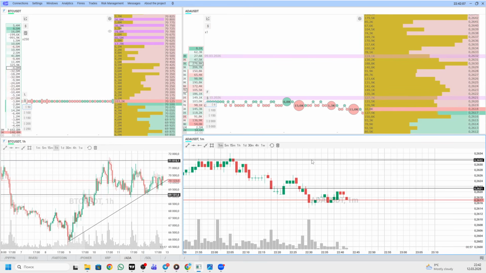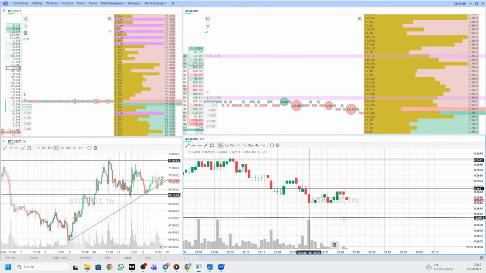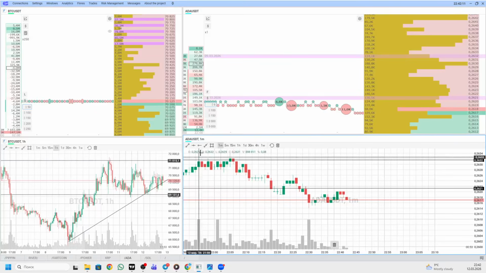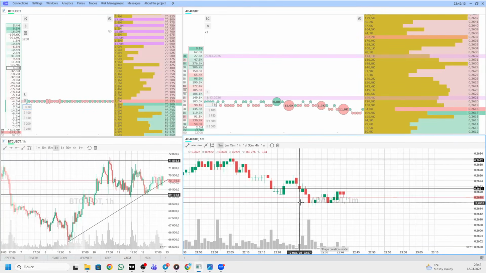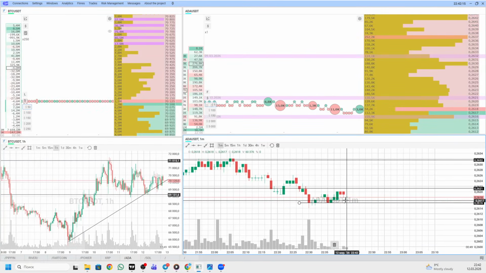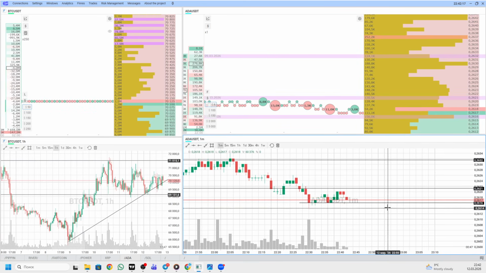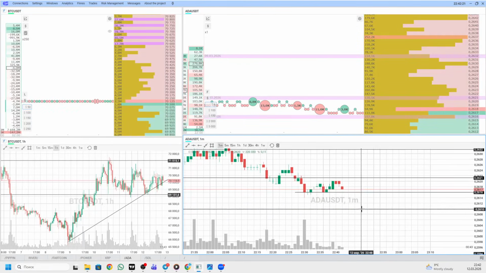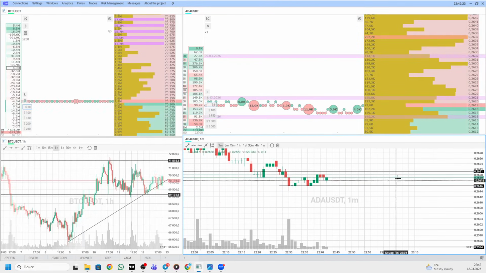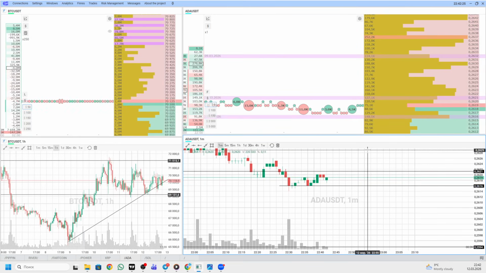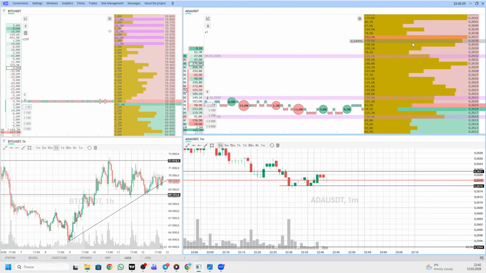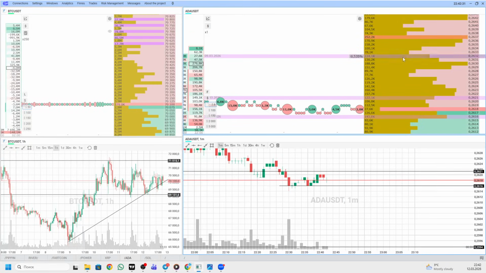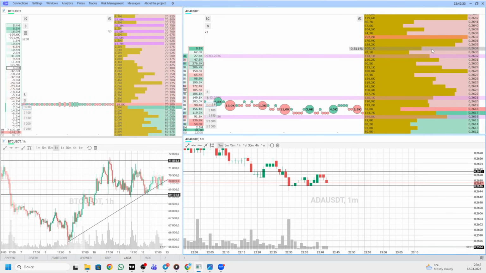Let's say that there is a zone we found. Just imagine that this is our zone, 0.3%. Okay, so we are right now in our zone. If I want to go long, I will click with my left mouse button in the red area.